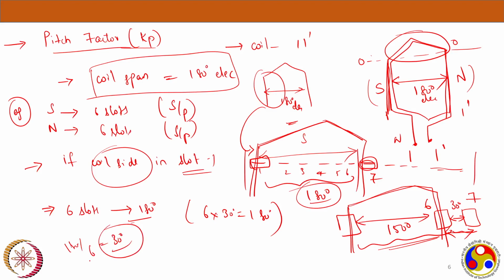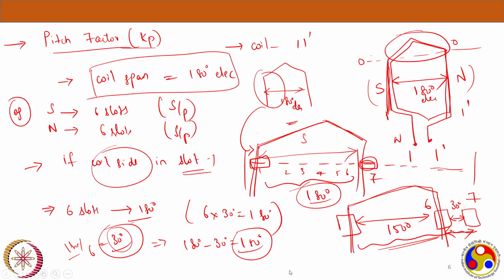So ideally it should be a 180-degree coil span, and I get a 30-degree slot pitch. Since it is short pitched by 30, my effective coil span will be 180 minus 30, which is 150 degrees. That's your new coil span, and that's how you will understand the terminology.